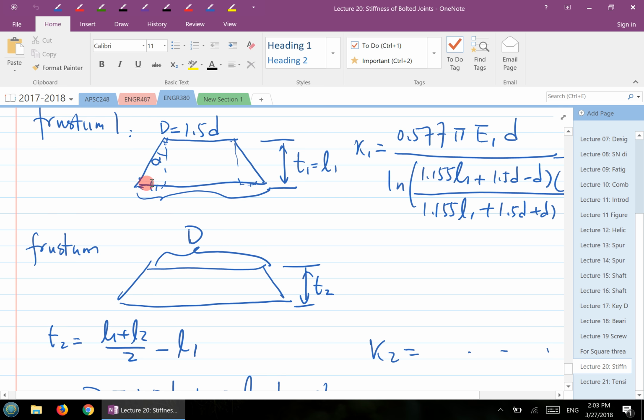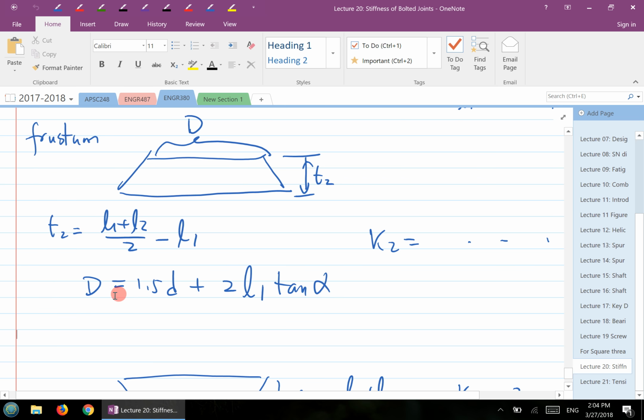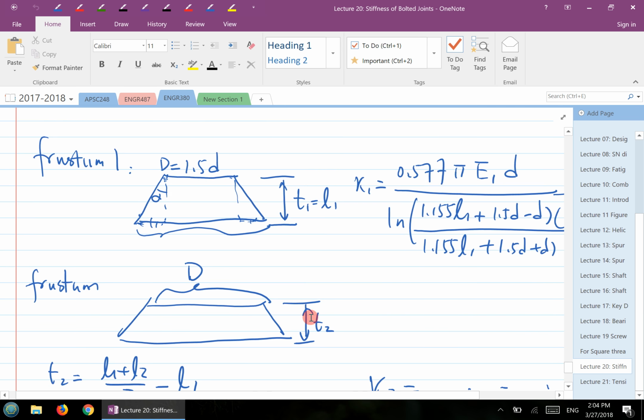So we need to calculate the bottom width of the previous frustum using simple geometry. That's basically twice the side portion plus what's in the middle. That's how you calculate this capital D. Once you get this, you can calculate the thickness based on the actual dimension, plug into the same formula, and you get the second member stiffness.